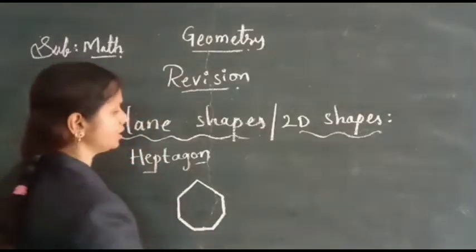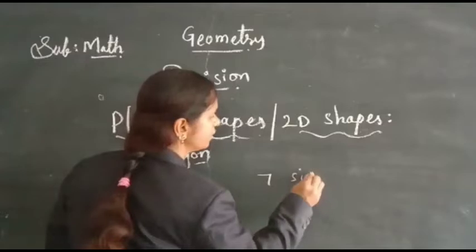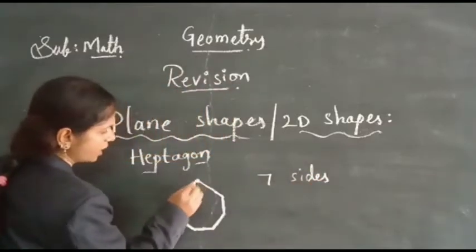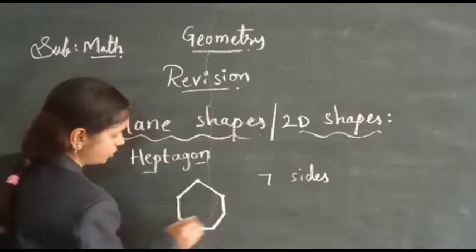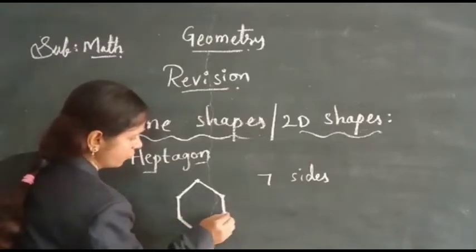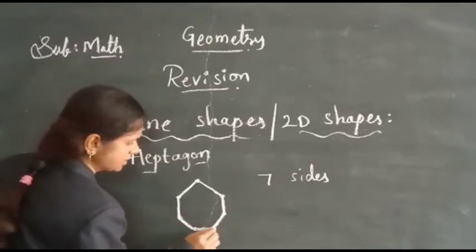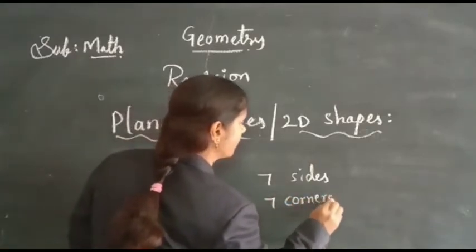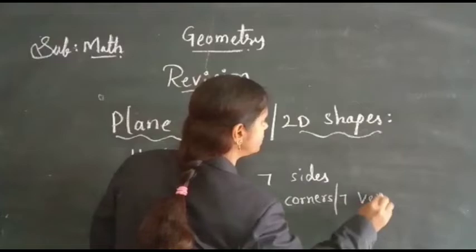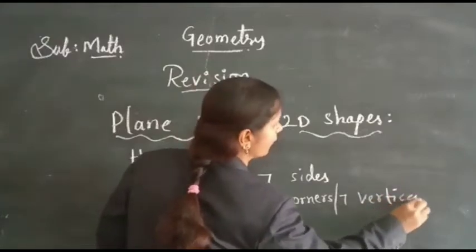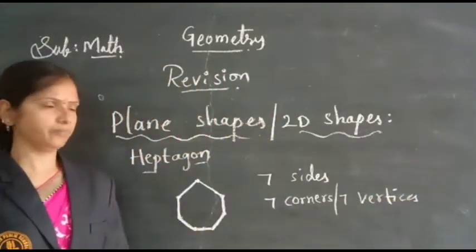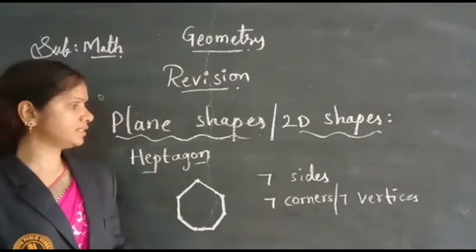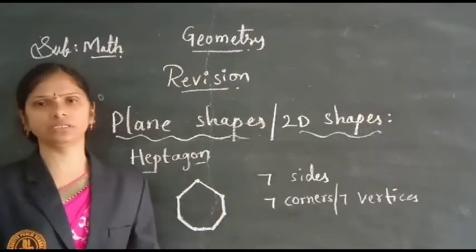So a heptagon is a 7-sided figure, meaning it has 7 sides. And coming to corners: 1, 2, 3, 4, 5, 6, 7. 7 corners are 7 vertices. A heptagon has 7 sides and 7 vertices.